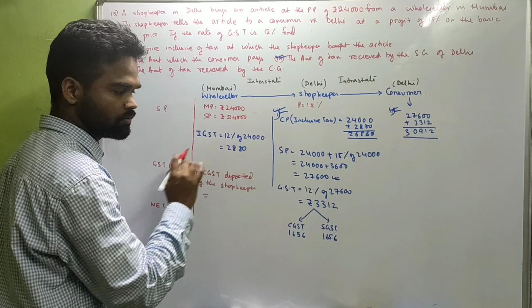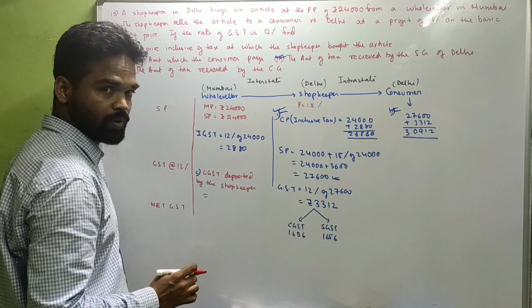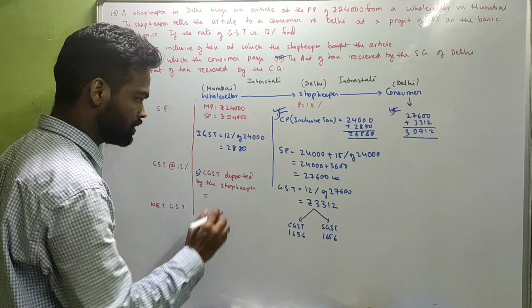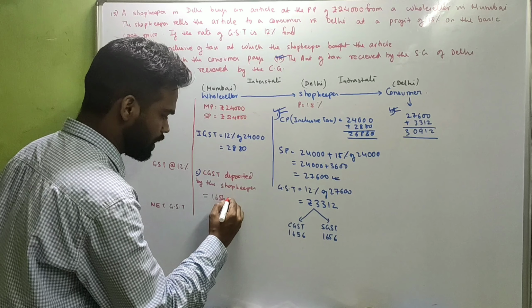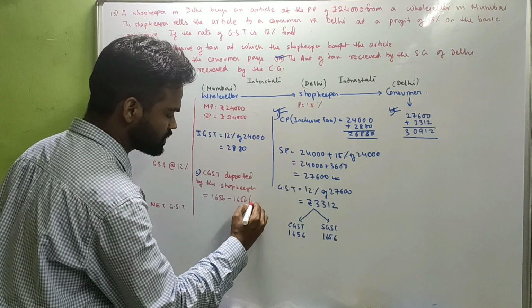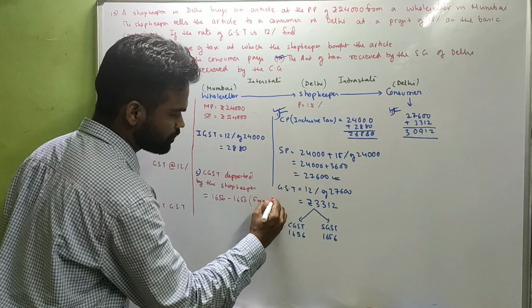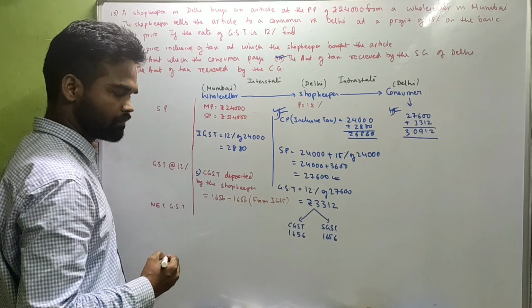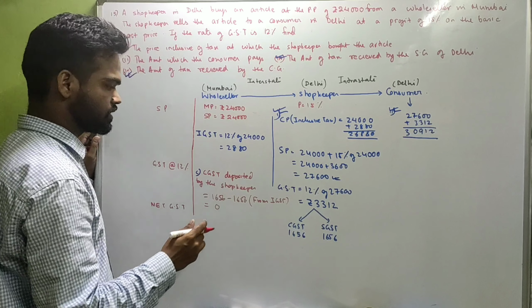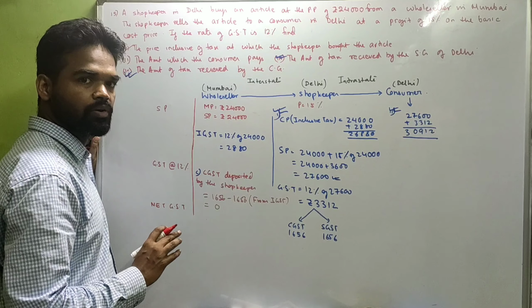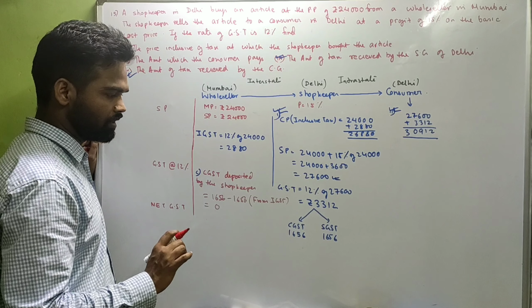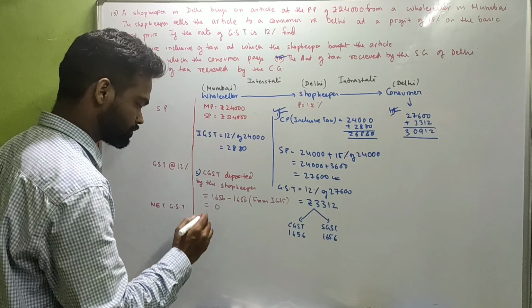IGST was 2,880. Over here CGST was 1,656. Am I clear? So CGST deposited by the shopkeeper will be 1,656 minus 1,656 from IGST, which means the shopkeeper will not deposit anything to the central government. Am I clear?